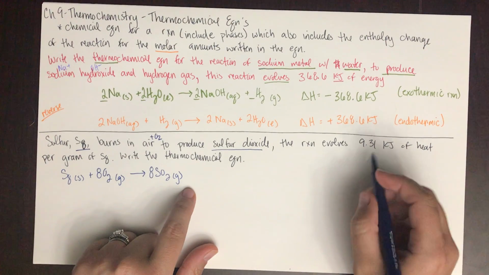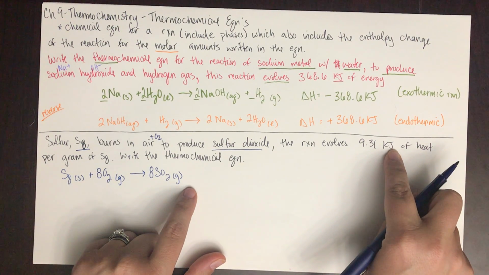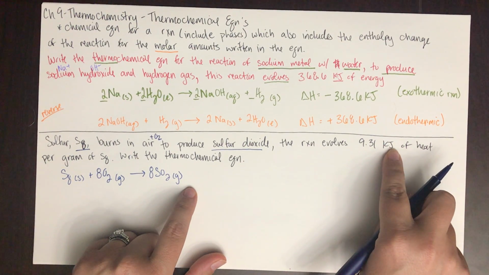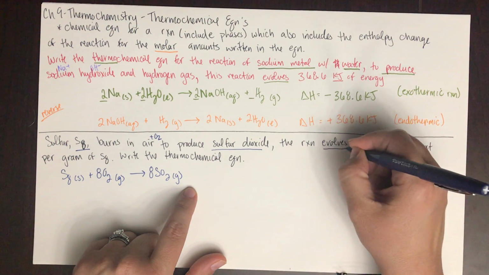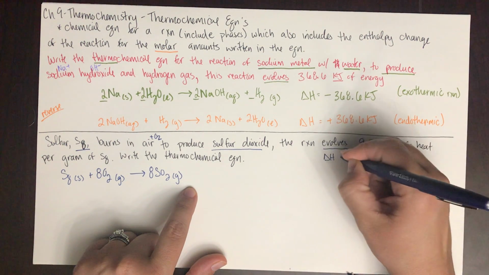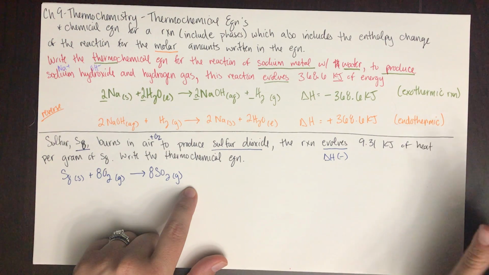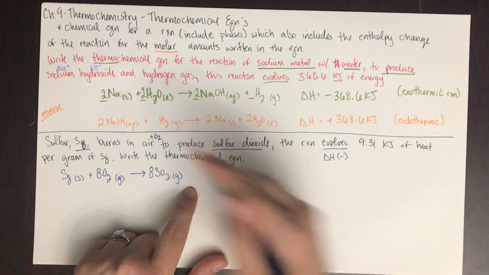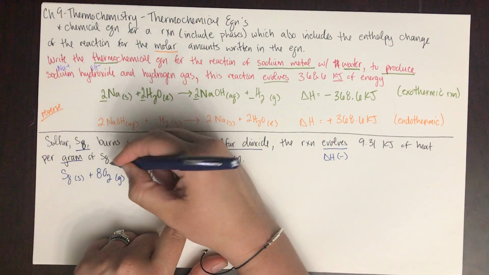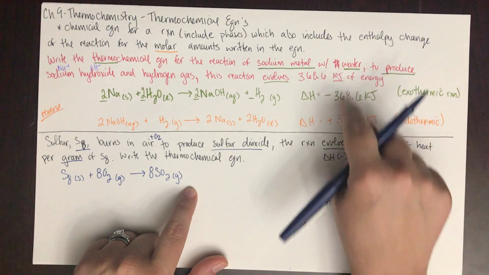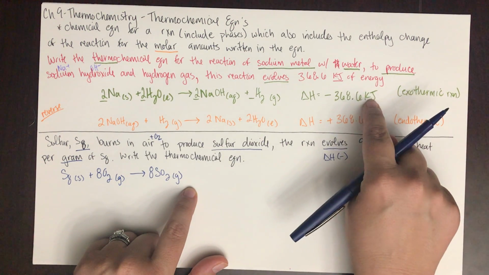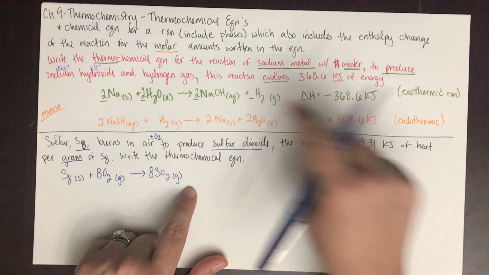So now what we need is the enthalpy change. Well, it says it evolves, so that means delta H is going to be negative. But this is kilojoules of heat per gram of sulfur, and that is not what goes here. What goes here is the molar amounts.